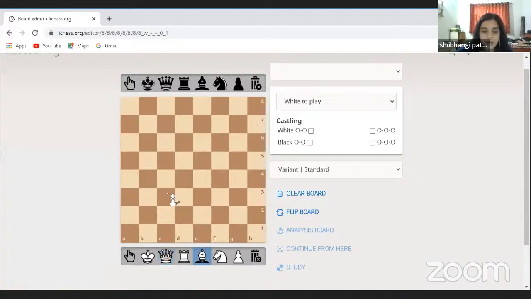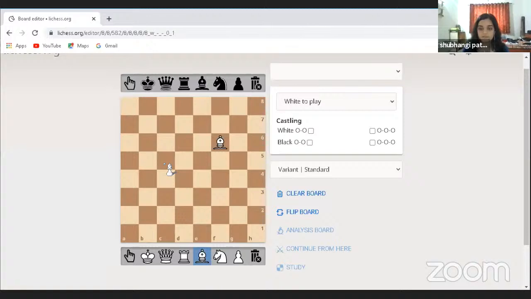Now let's say our bishop is here and this knight is here. Again this bishop can capture this knight, because a bishop kills diagonally. So let's say this bishop kills this knight. Now how will we write it in our notation?